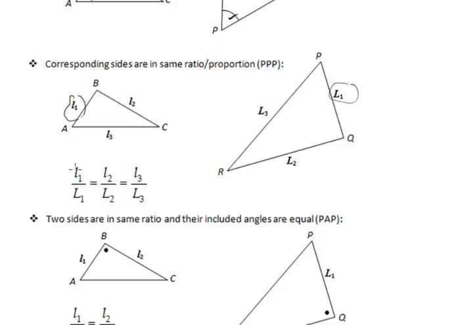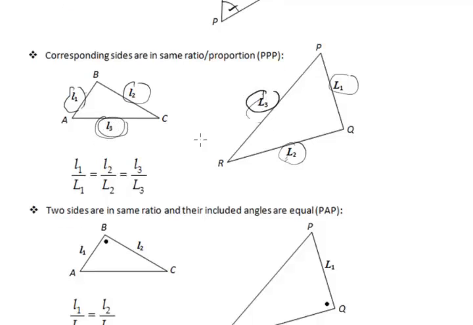If we take the ratio small l1 divided by capital L1, and the corresponding sides ratio small l2 by capital L2, and this corresponding side l3 by L3, if this ratio remains constant, that is the same for all 3 sides, then the triangles are similar.